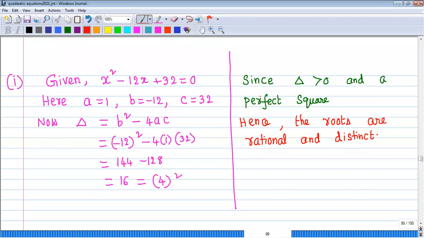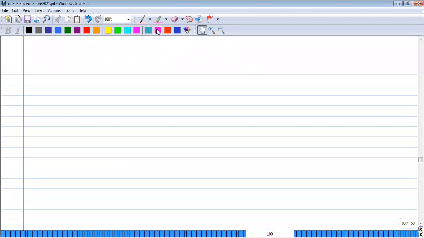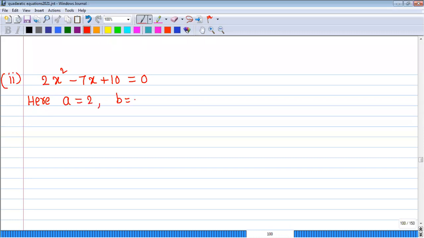Yes, sir. Right. Second question. 2x square minus 7x plus 10 equals to 0. First step. Here a equals to 2, b equals to minus 7, c equals to 10.